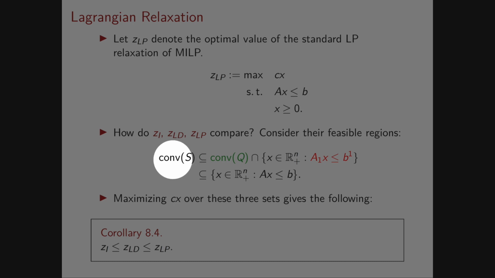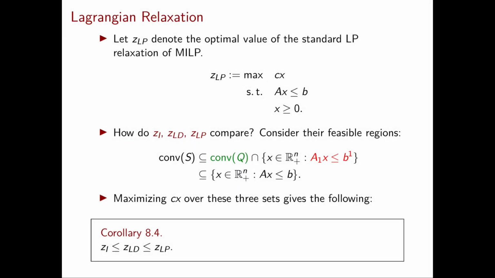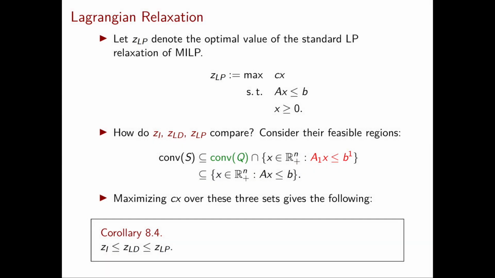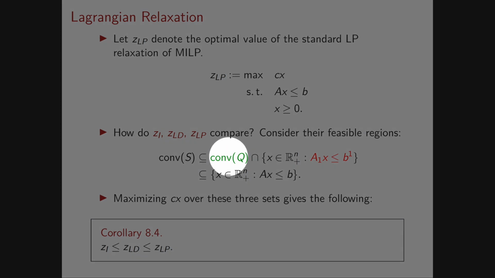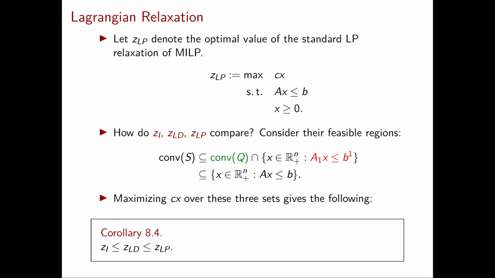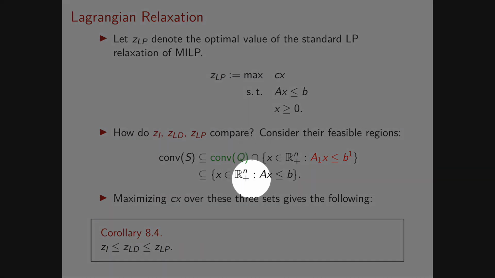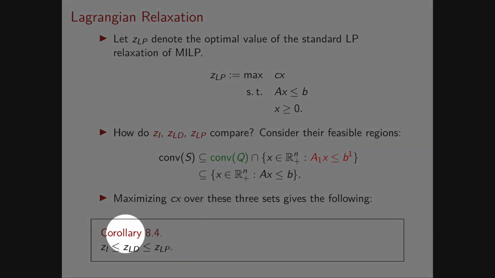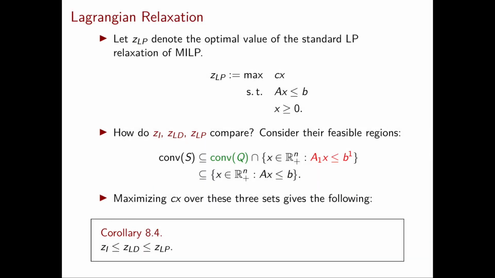So it's clear that convS is contained in both these sets. On the other hand, how do these two sets on the right hand compare? Clearly, conv-Q satisfies all the green inequalities. Therefore, this intersection is contained in the feasible region of the LP relaxation. So this simple comparison allows us to actually prove corollary 8.4.